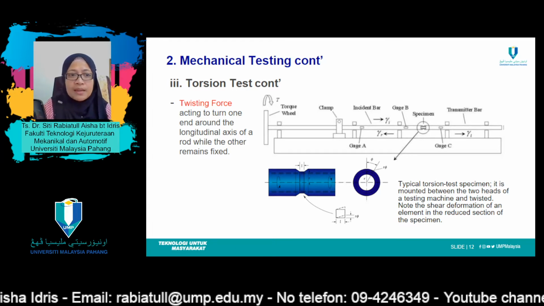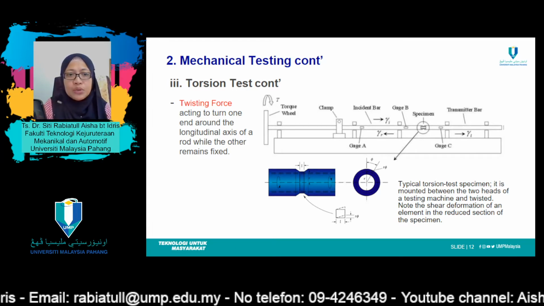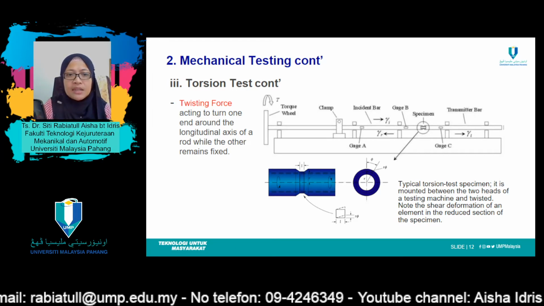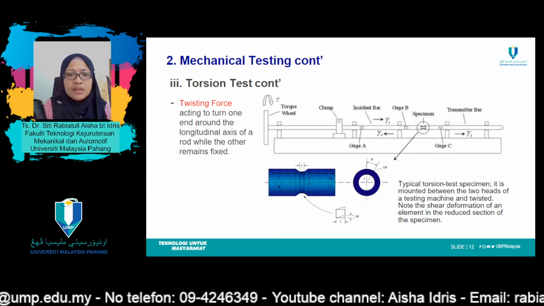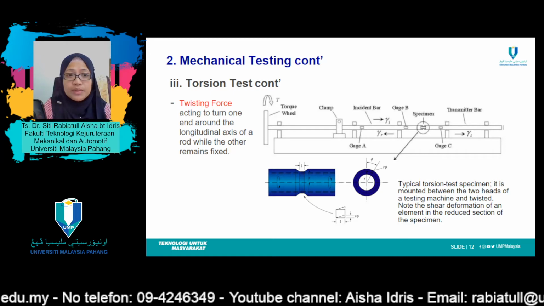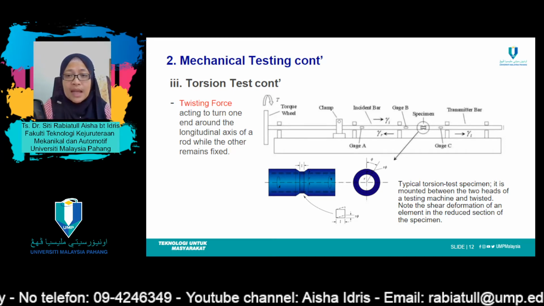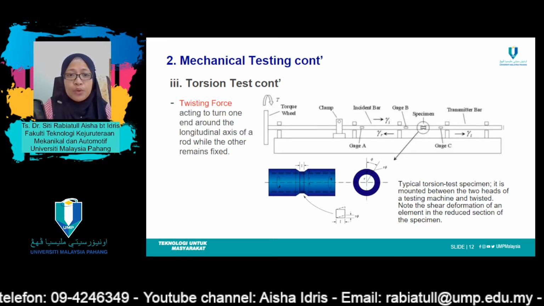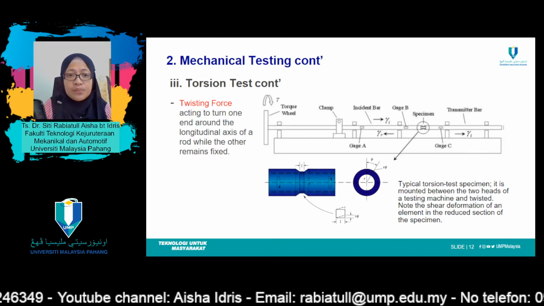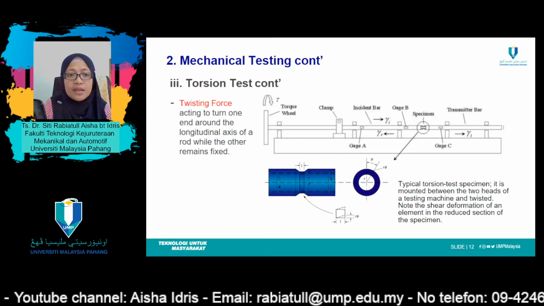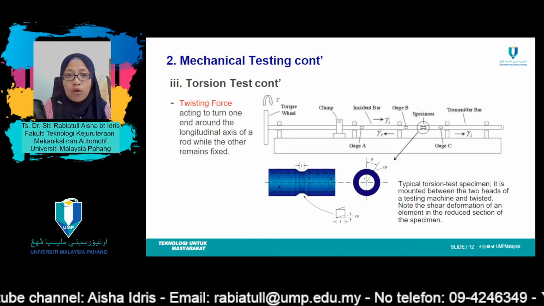For a torsion test, typically a longitudinal sample is placed in a torsion tester over here, and one end of the sample is twisted around the long axis until failure, during which the force, or in the case of rotation, the torque, and the displacement, or in the case of rotation, the angular displacement, are recorded.